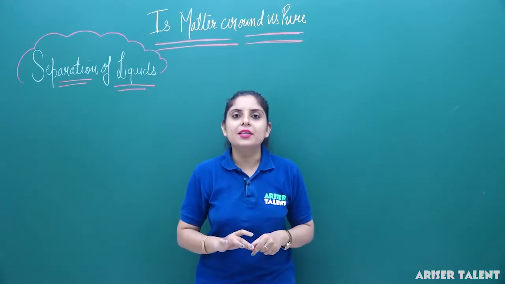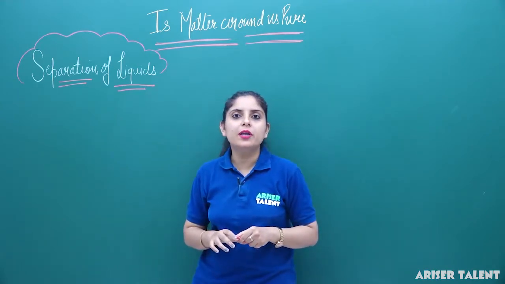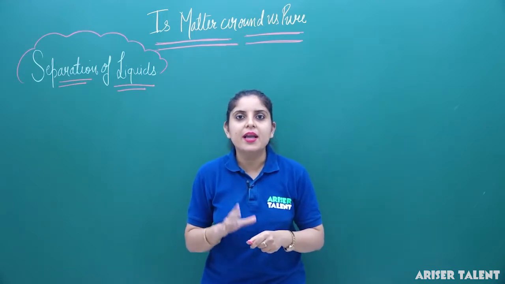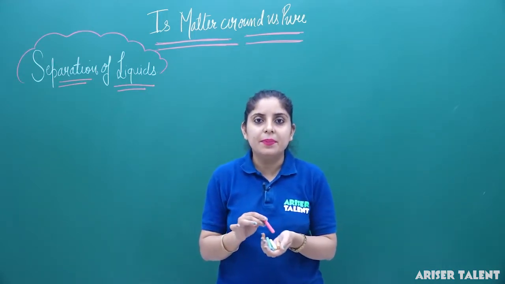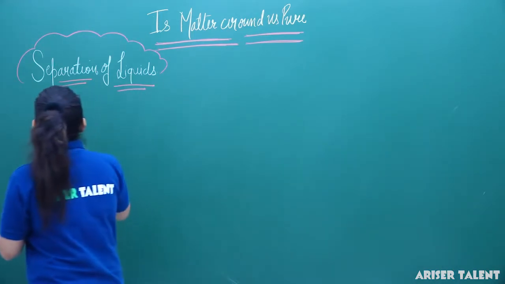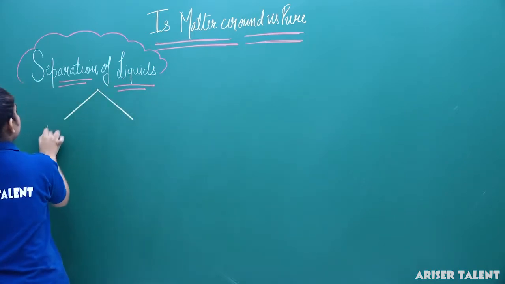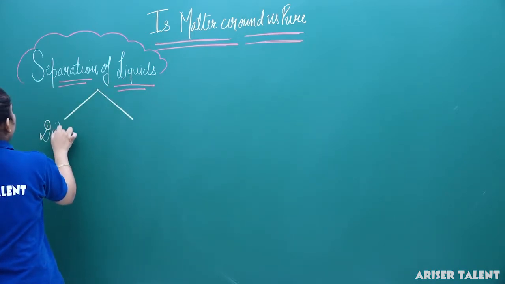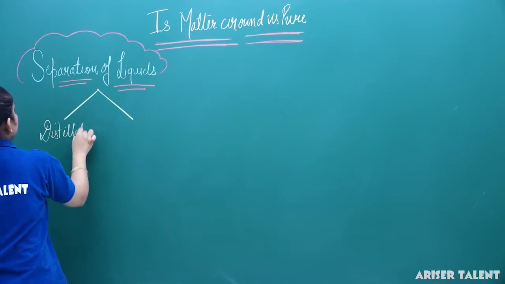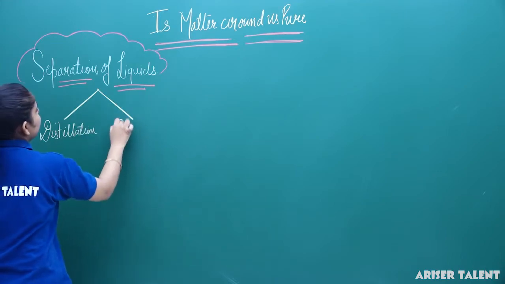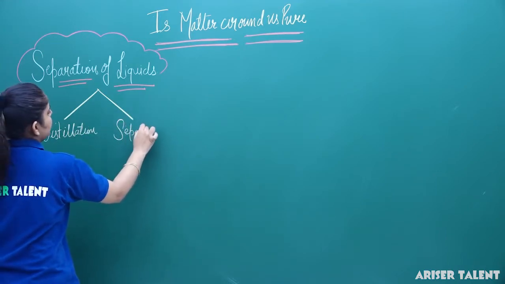So there are two methods for performing the separation of two liquids. One is distillation and the second one is by using the separating funnel. So the two basic methods are by performing distillation, and second one is by using separating funnel.